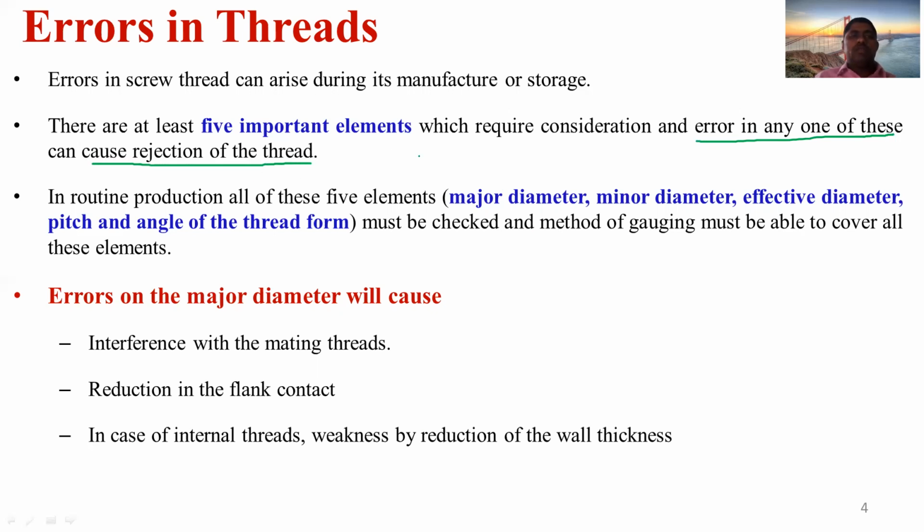So what are these 5 important elements? You have to measure at least 5 important elements: major diameter, minor diameter, effective diameter, pitch, and angle of the thread form. So this must be checked, and the method of gauging must be able to cover all these elements for checking the accuracy of the screw threads.